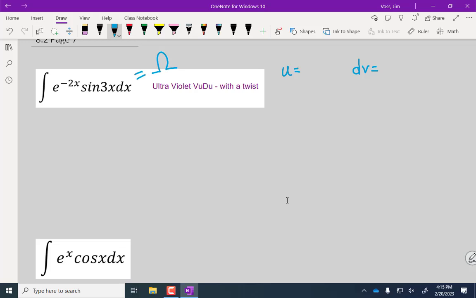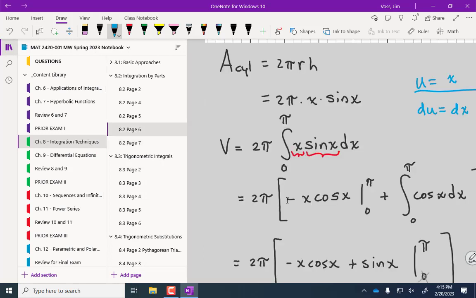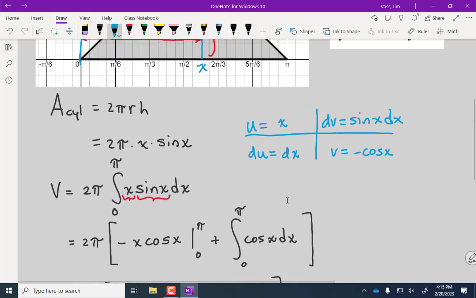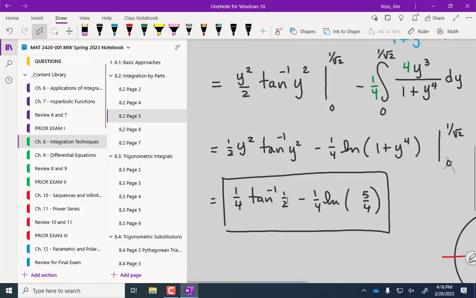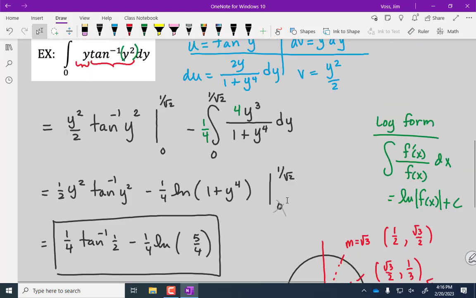If both functions cycle. Like when we had this last one right here, both functions aren't cycling. Here, sine is cycling whether you put it with the derivative or the integral. But here, x is going down in power. So if you have two functions that are going to do that cycling thing, that's when you're going to get this twist.